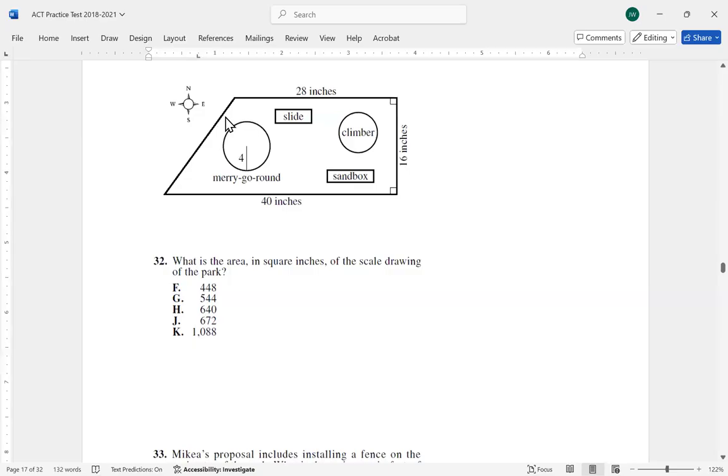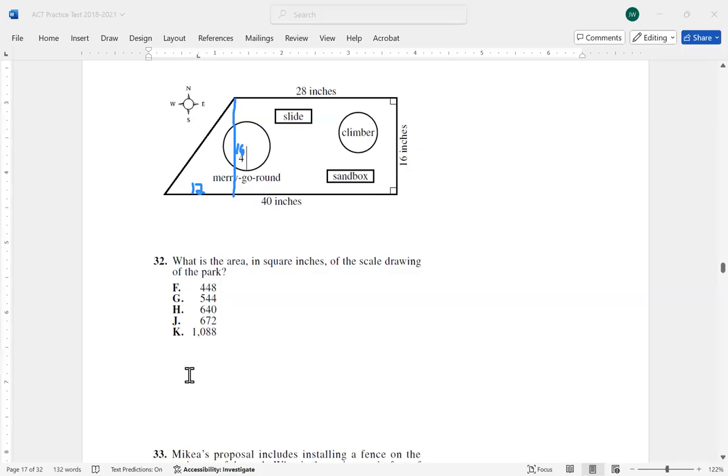One way is to break up this trapezoid into a triangle and a rectangle. The rectangle is going to be 28 inches by 16 inches. The triangle is going to have a base of 12 inches and a height of 16 inches. And it's a right triangle, so those are the side lengths.